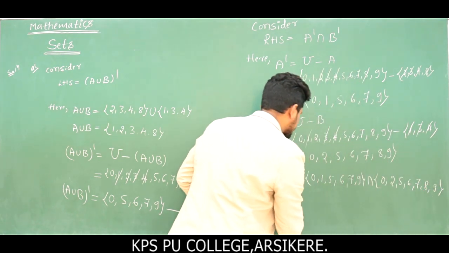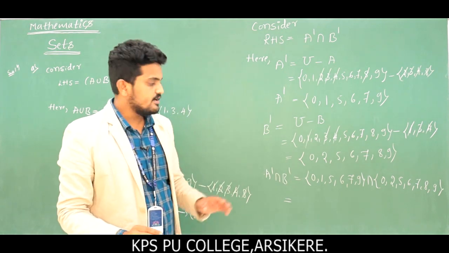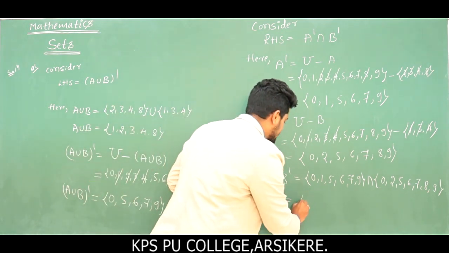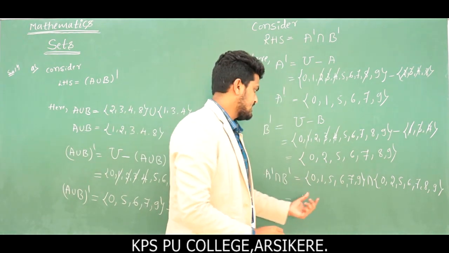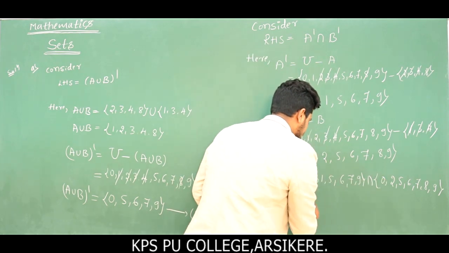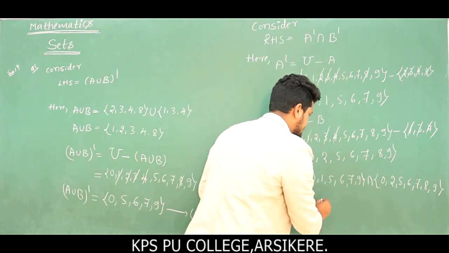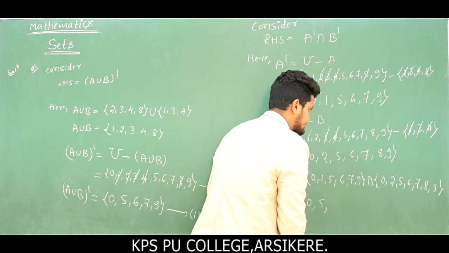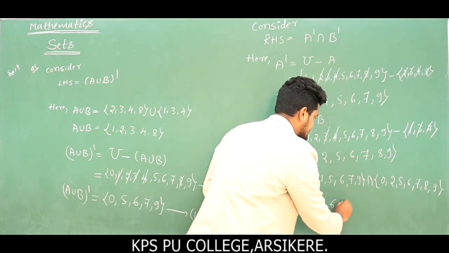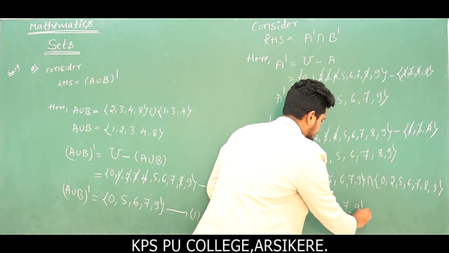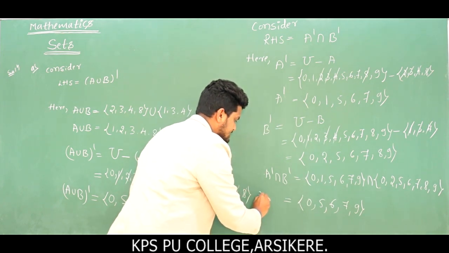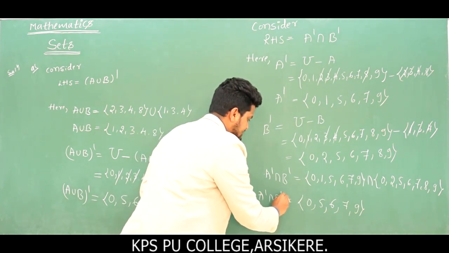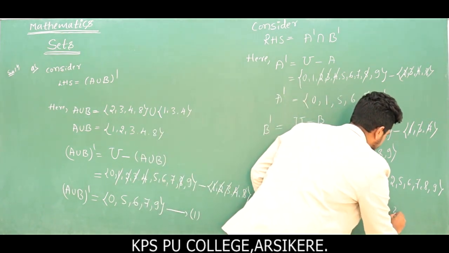Intersection is nothing but the common elements between two sets. Is there any common element between these two sets? Of course. 0, next 1 is not there, next 5, next 6, 7, 9. This is the value of A dash intersection B dash. Call it equation number 2.